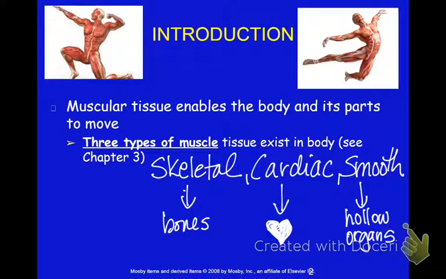Okay? All of those hollow organs are lined with smooth muscle. The only place we find cardiac muscle is the heart, and then we find skeletal muscle connected to our bones.